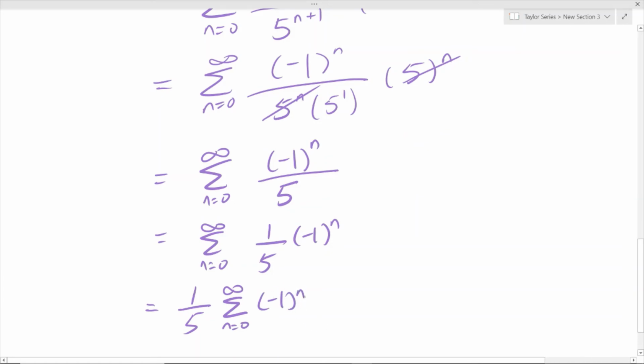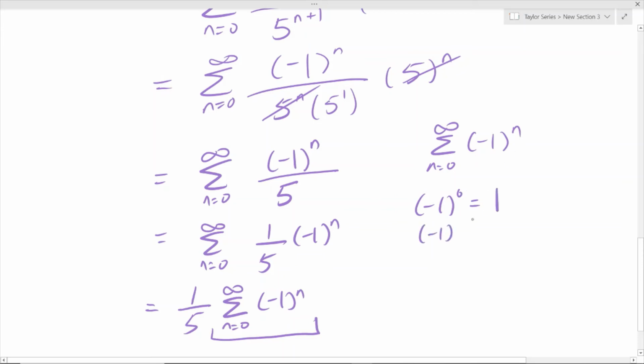And here we can change this (-1)^n to a geometric series. So looking at this series by itself, we can see that when n equals 0, it starts at n equals 0, so (-1) to the exponent of 0 gives us 1.